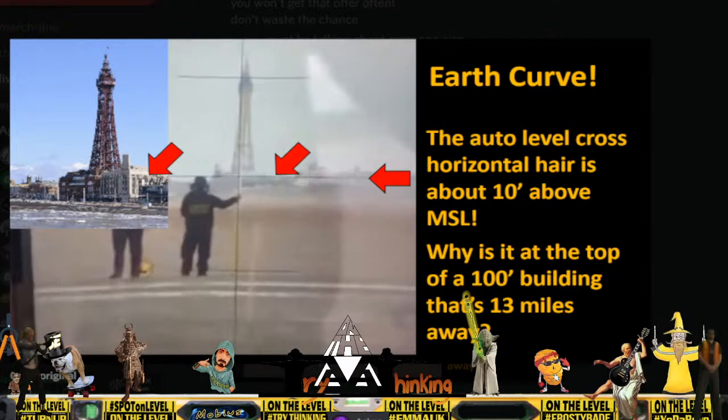Where the level separates from horizontal, do you reckon you can point at it? No, not visible separation. No measurable visible separation. If he'd put those arrows below your feet and said Earth curve, that'd probably be more.